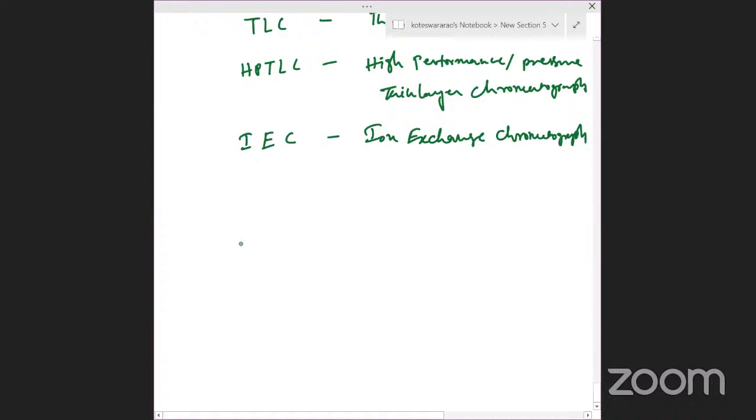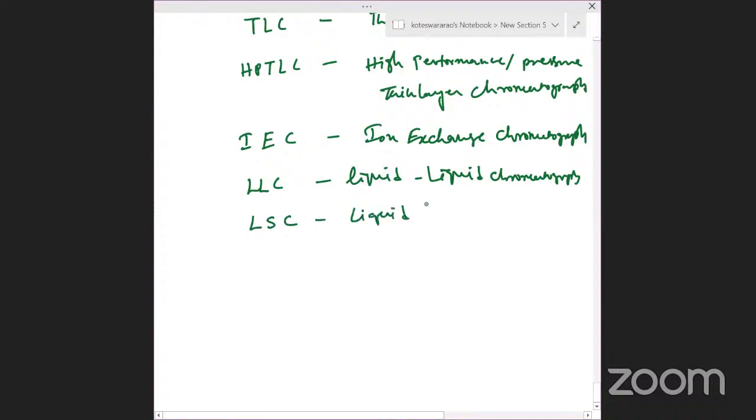Next, LLC, liquid liquid chromatography. Next, LSC, liquid solid chromatography.